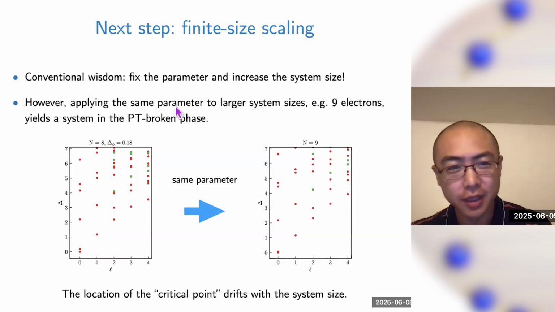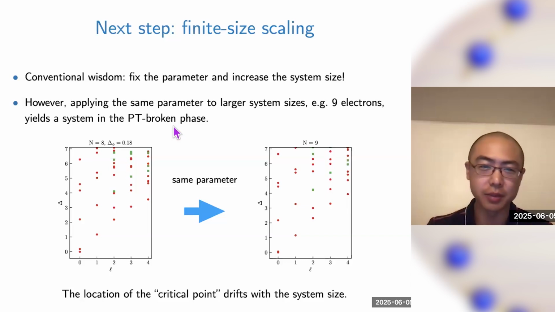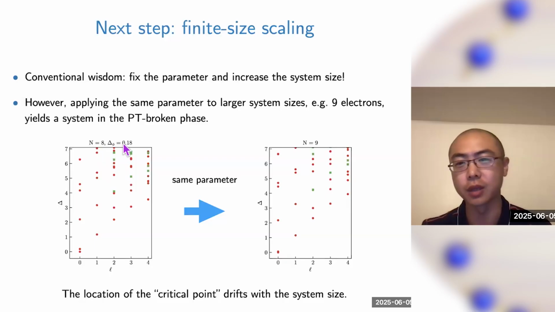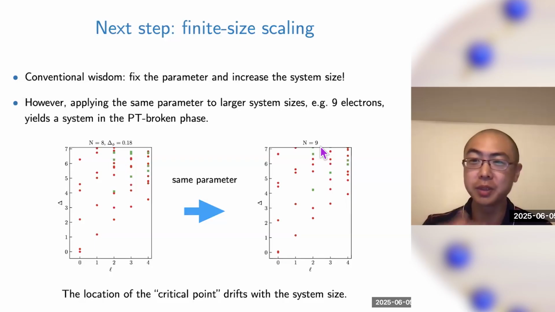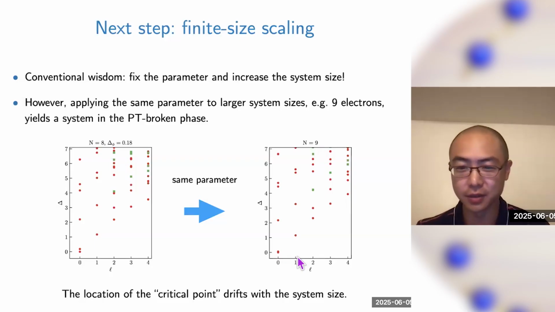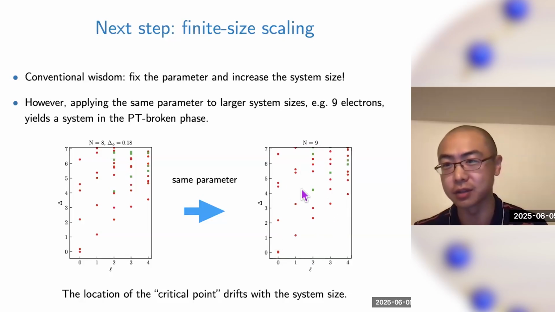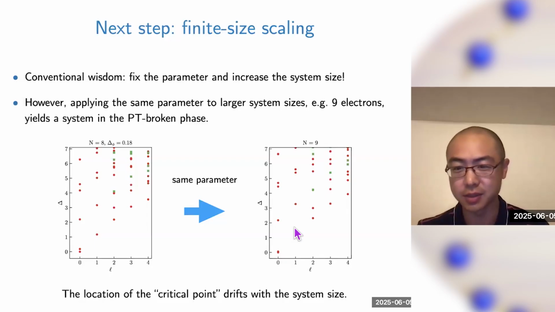But unfortunately, if we apply the same parameter that gives you this very nice conformal spectrum for 8 electrons to a larger system size, for example just 9 electrons, you will immediately find that the system is already in the PD broken phase. So this is the new spectrum that you get with the same parameter, but at a slightly larger system size.